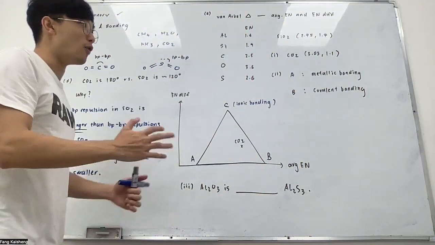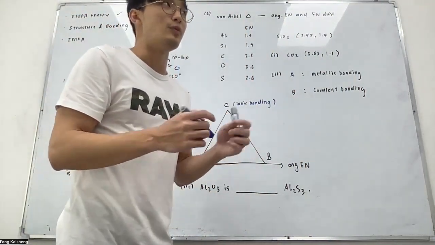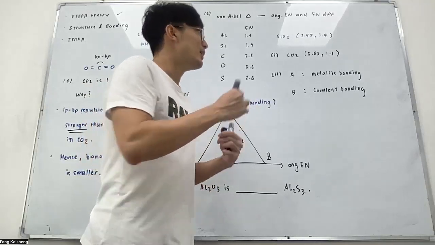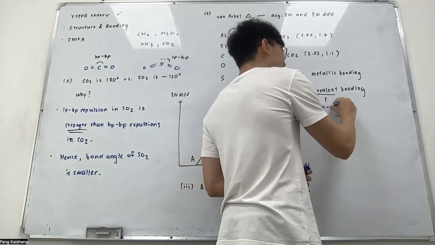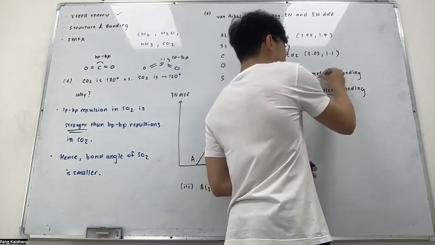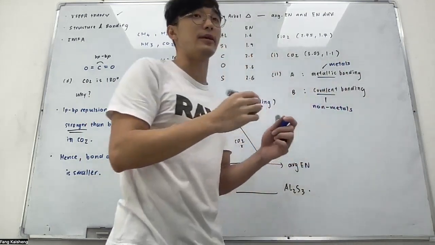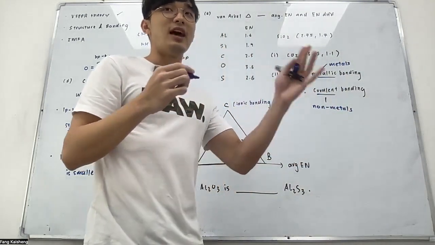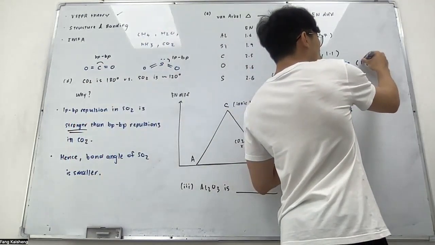Remember, covalent bonds occur between what kind of elements? Covalent bonds usually are non-metals. Metallic is quite obviously metals. And we know metals are on which side of the periodic table? The left, and on the left your electronegativity is low.